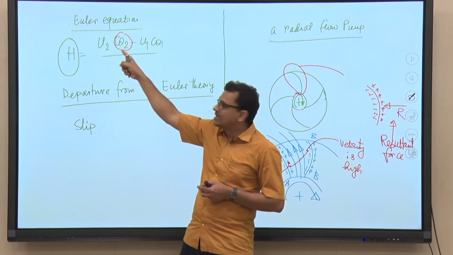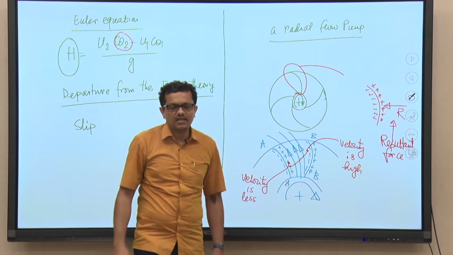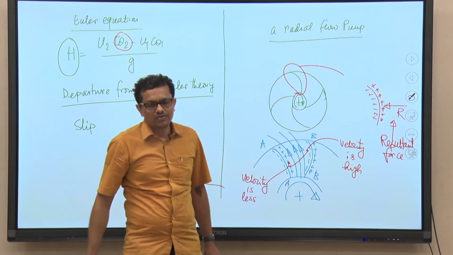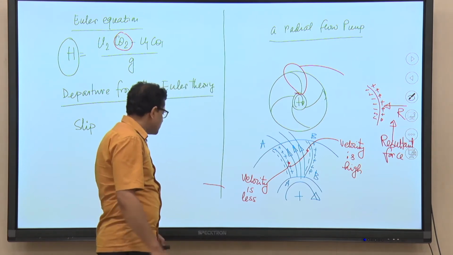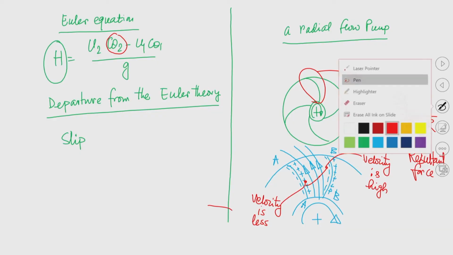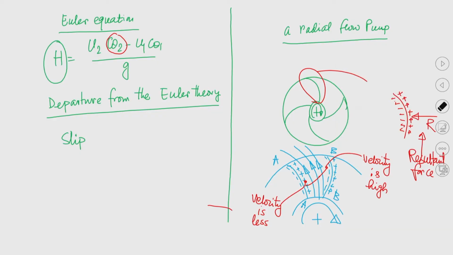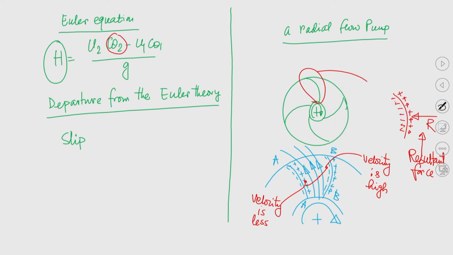If it is so, then definitely the head predicted by the Euler equation will not be the correct one compared to what we are getting in practice. So, now if we try to discuss what is slip.